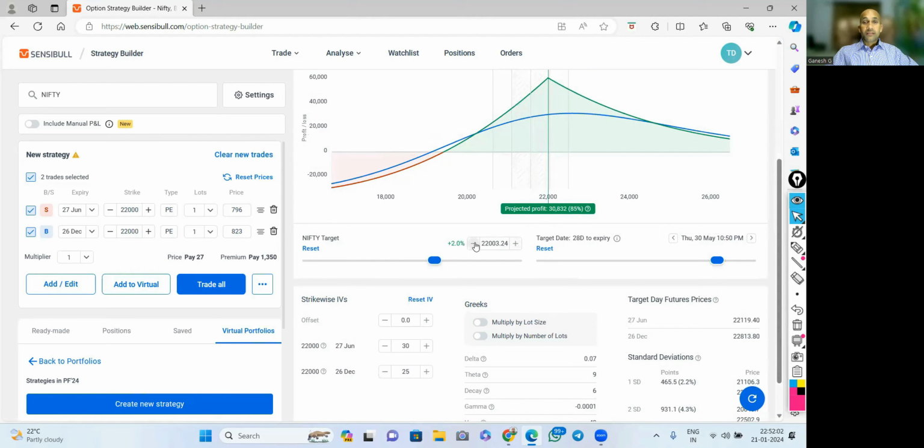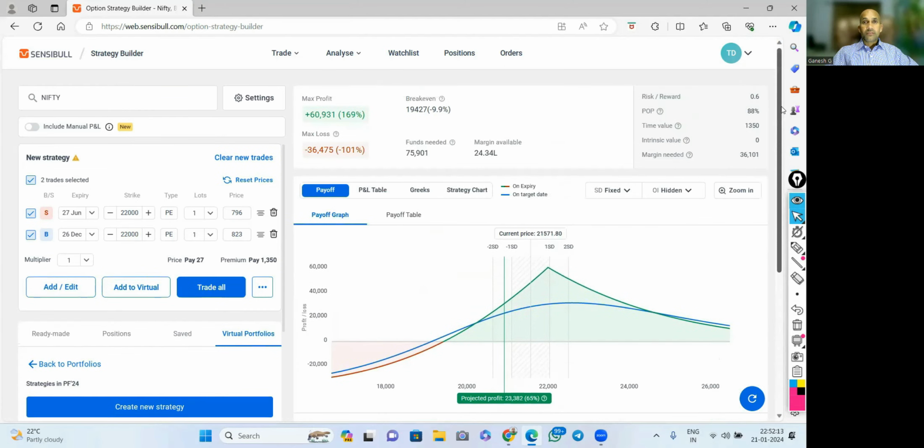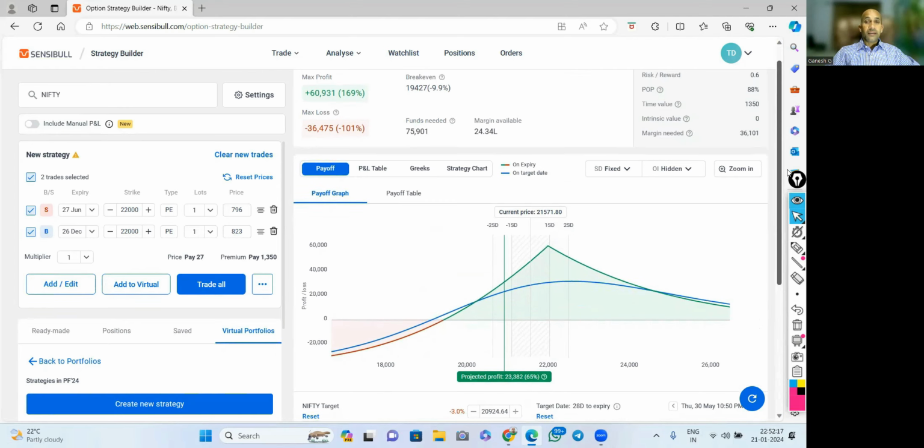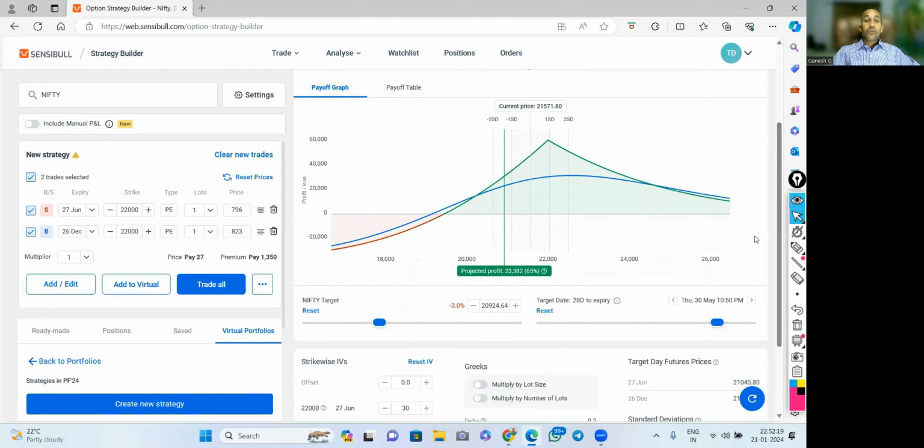If the market moves to maybe 22,000, the profit would go even higher, around 30,000. Let's say the market goes down to 21,000. Earlier we thought the break even was 21,000, but if VIX goes high, that break even would go down.